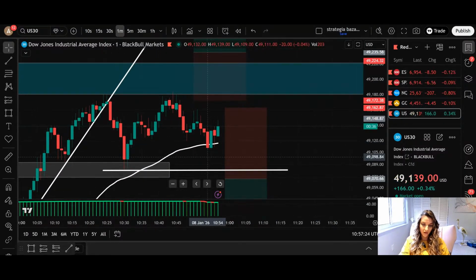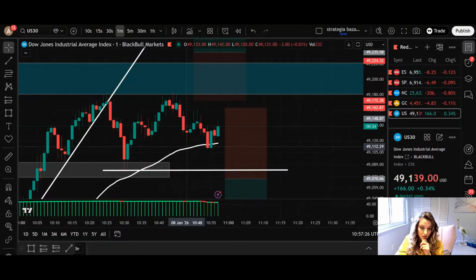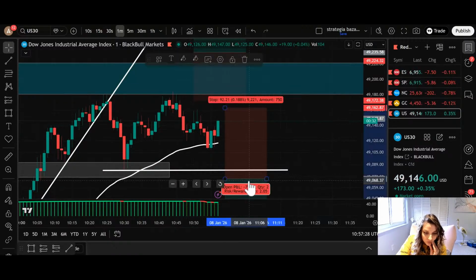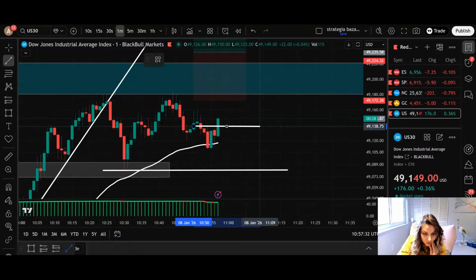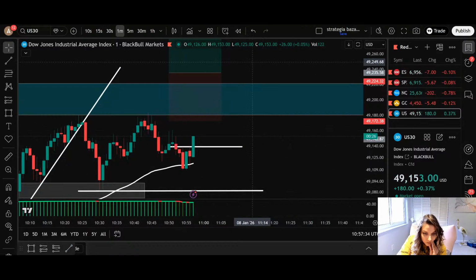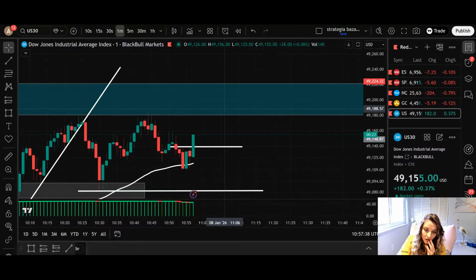But here we go. I have an EMA rejection right here. So you might be good for long. But again, this is an area that I need to break.